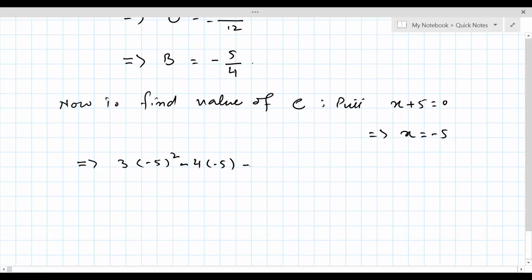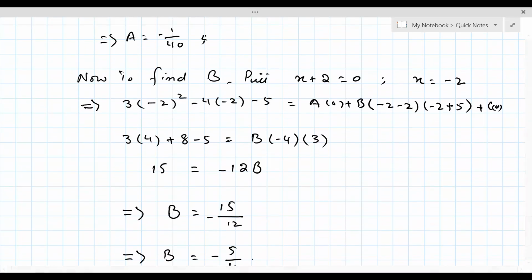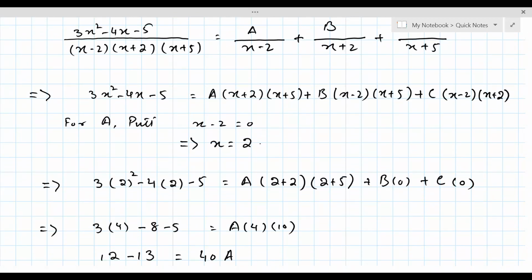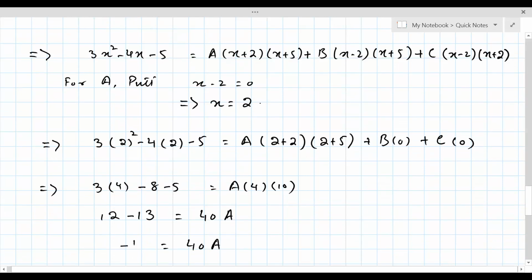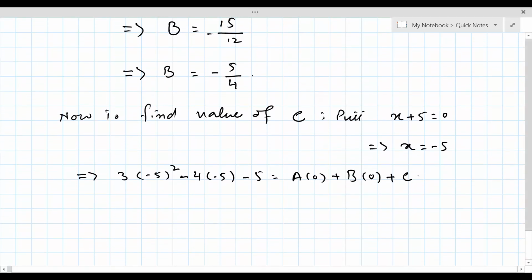Minus 5 equal to a into 0 plus b into 0 plus c into, what are the factors? One is x minus 2 and x plus 2. So that would be minus 5 minus 2 into minus 5 plus 2.